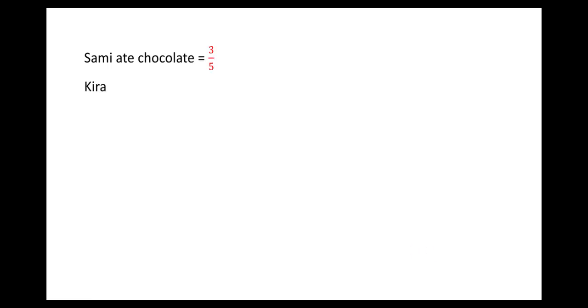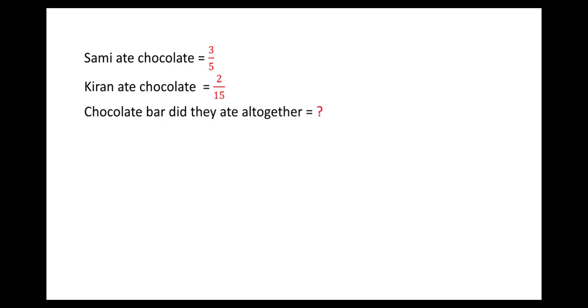Sami ate 3 upon 5 of the chocolate and Kiran ate 2 upon 15. So let's find 3 upon 5 plus 2 upon 15.